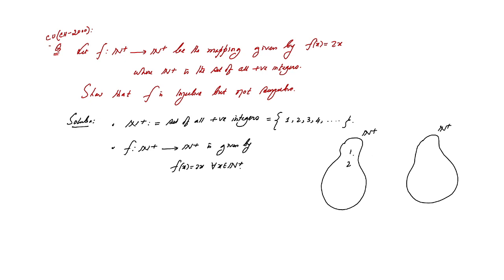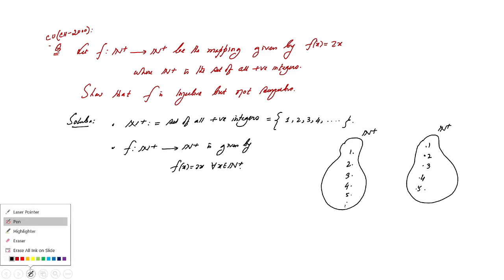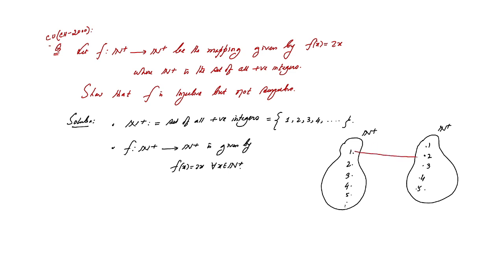Here 1, 2, 3, 4, 5 and so on, and that is also 1, 2, 3, 4, 5 and so on. Now what is the map? f of x equals 2x. So 1 goes to 2, 2 goes to 4, 3 goes to 6.